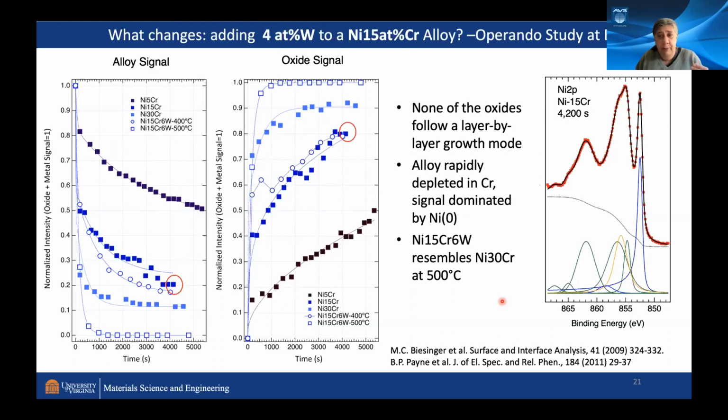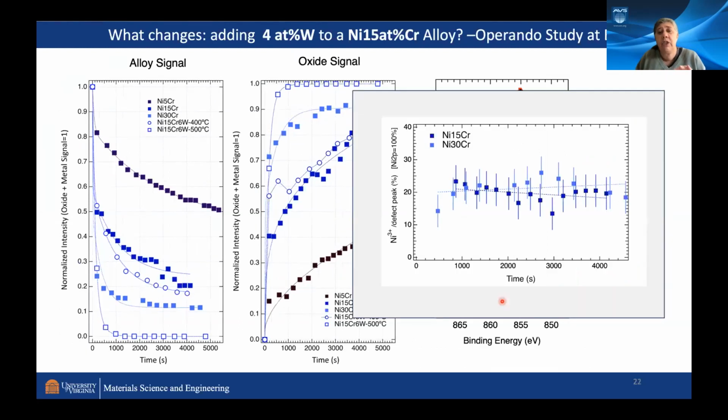We use 5 peaks, but for the nickel oxide in all of these binary alloy oxidations, we always need to add 1 additional peak, which is generally attributed to the nickel 3 plus peak. And that contribution is pretty much constant throughout the growth of the oxide.